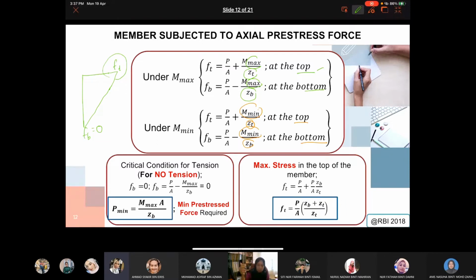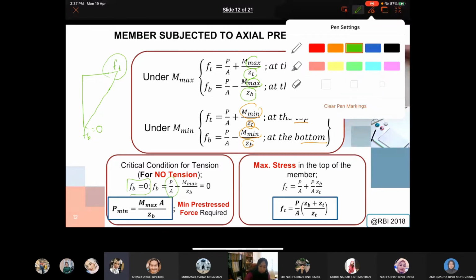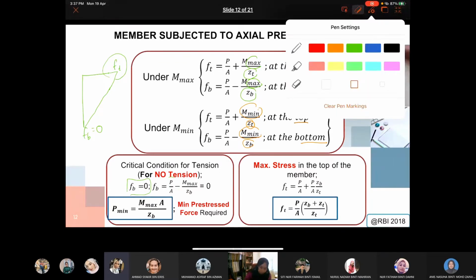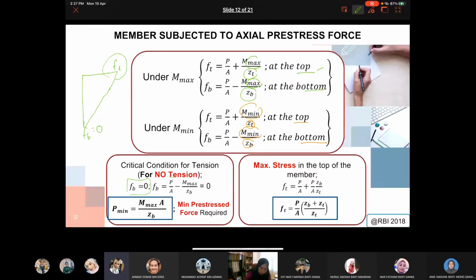Then you can utilize the formulation by taking F bottom, the bottom stress, equal to 0, and the bottom stress is equal to P over A minus M maximum divided by Z. So this is where you have the formulation earlier.